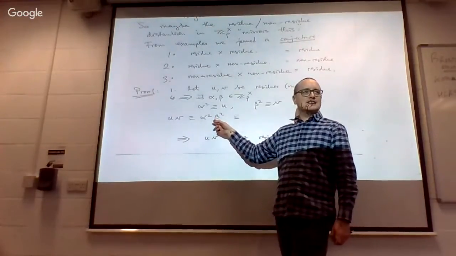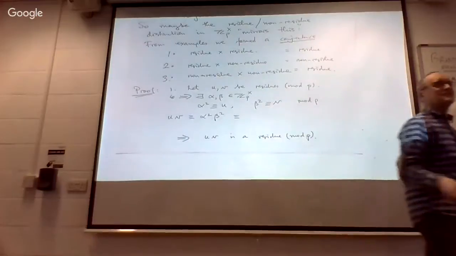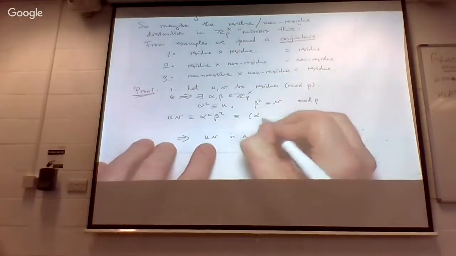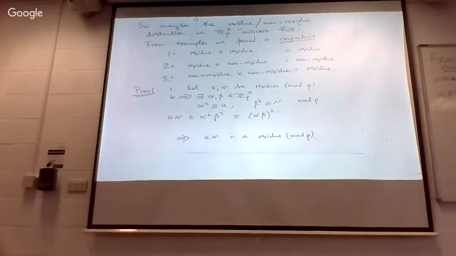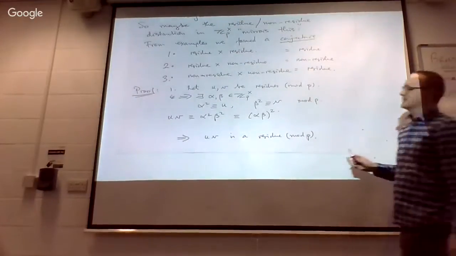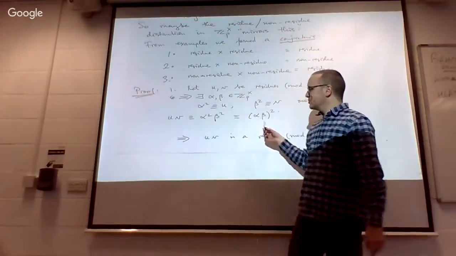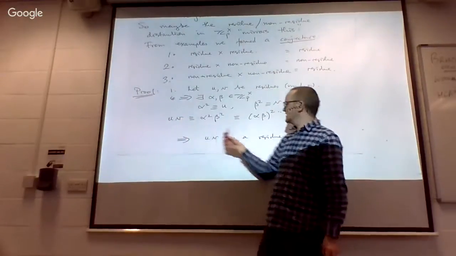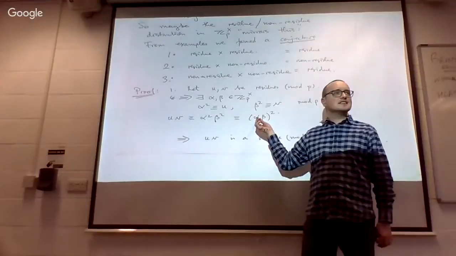So is that a square? Maybe you already see it in your mind. Yes, it's the square of alpha beta. So that proves that u times v is a residue, because it is the square of something.